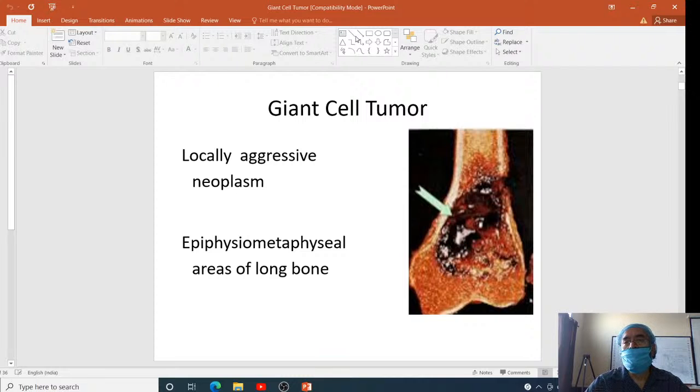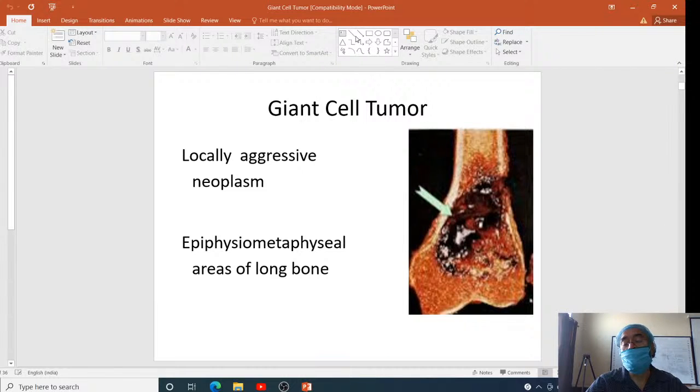And there are some things associated with giant cell tumor which usually start with E. If you remember the letter E in English, the most commonly used letter in English is E. So even here in GCT, the common features of GCT start with E.